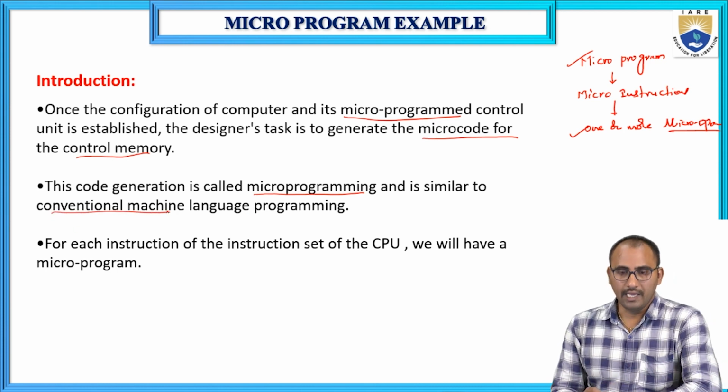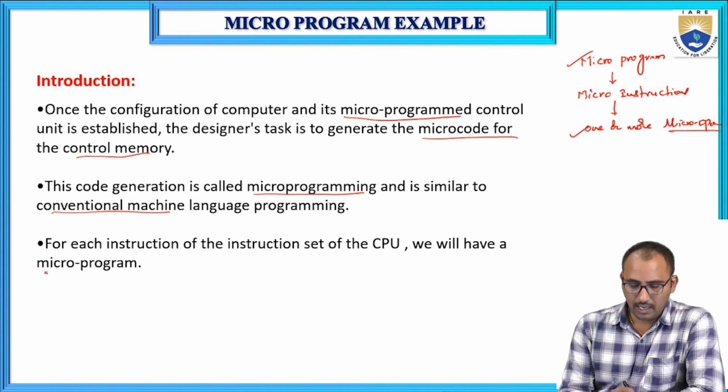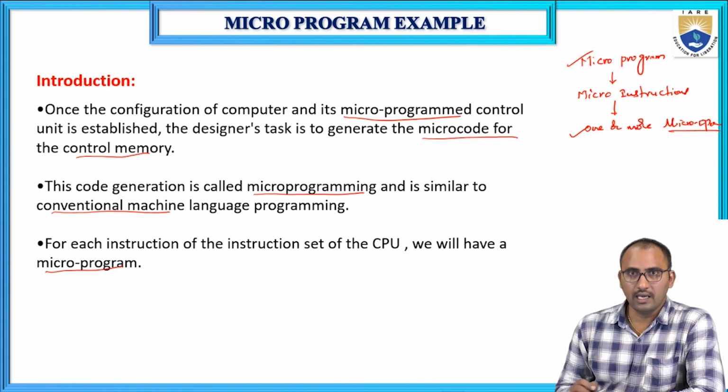For each instruction of the instruction set of the CPU, we will have a micro program. In general, the CPU has a processor, and the processor has an instruction set, meaning a group of instructions. For every instruction, there is a corresponding micro program.